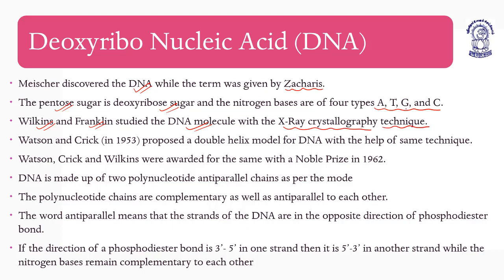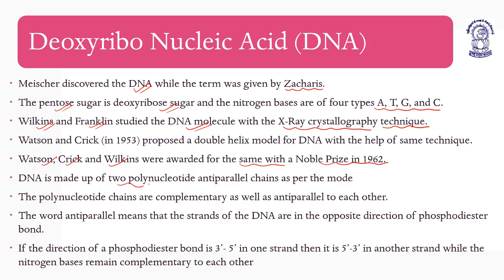They studied the structure, the helical model, or we can say the molecular geometry of the DNA molecule with the help of X-ray crystallography. Watson, Crick, and Wilkins were awarded the Nobel Prize in 1962.